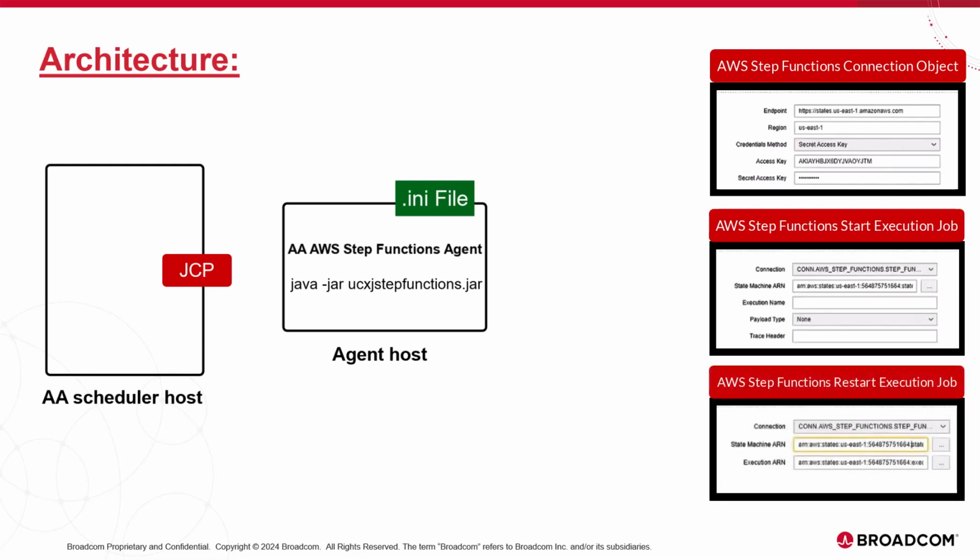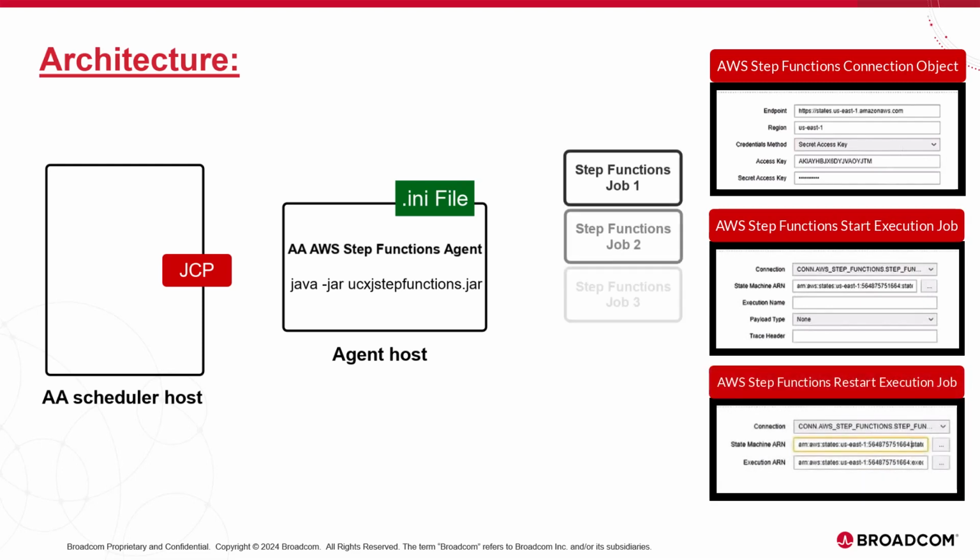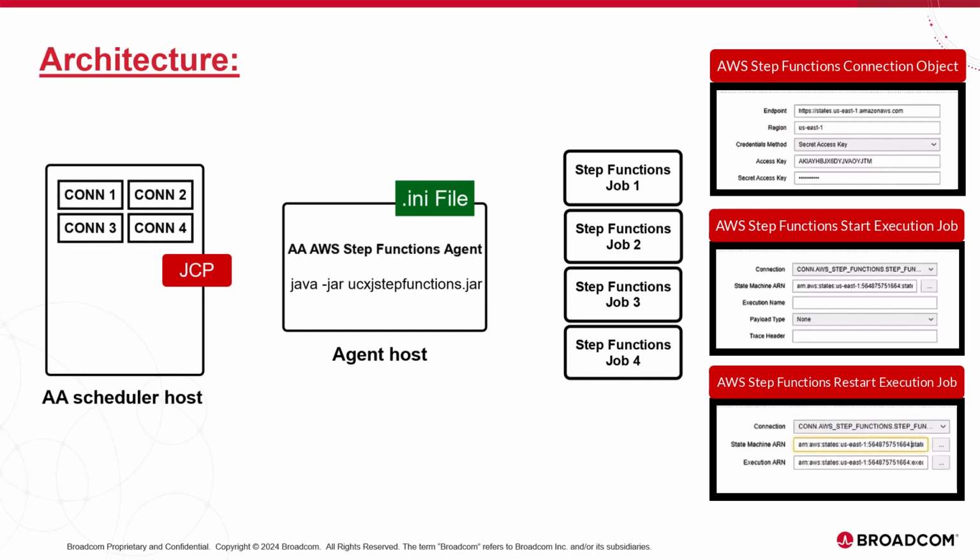Let's assume we're automating for 4 instances of AWS Step Functions. We create a connection object in Automic Automation for each instance by duplicating the connection template for each of these instances. Lastly, we create the start and restart jobs in Automic Automation for each corresponding process in AWS Step Functions. The Automic Automation jobs include the connection object based on the target system.